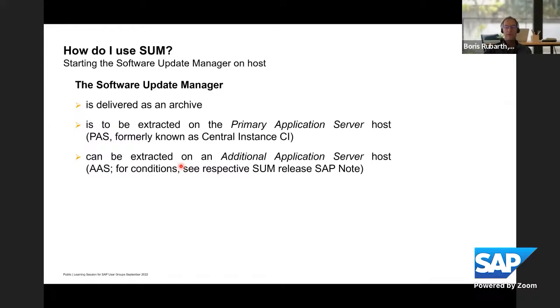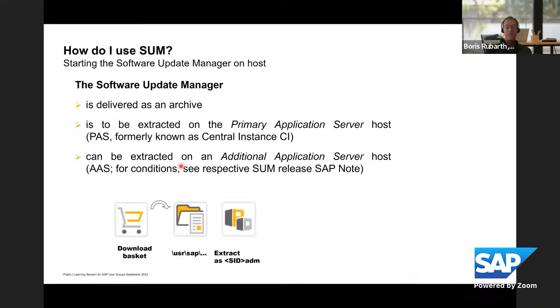There are specific conditions, but you can typically choose on which application server host you would extract the archive. And then the tool as such is nearly ready to be used. So the Maintenance Planner will provide the Software Update Manager archive in the download basket. You will download this and extract it typically to /usr/sap/<SID>, where you extract it. Then you have a SUM folder.